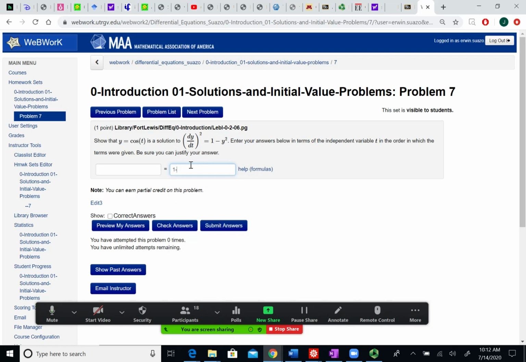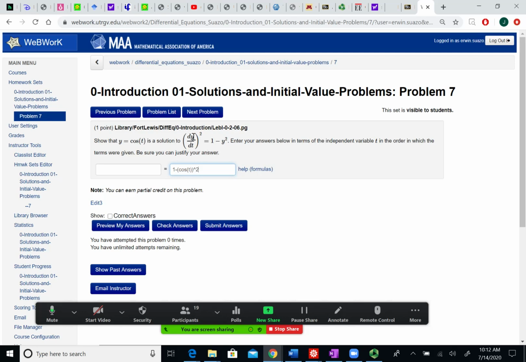This is 1 minus cosine of t squared, right?